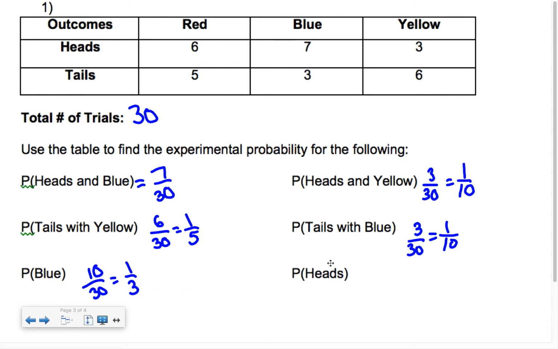Okay, probability of heads. We need to add up all of the heads. Whether it was heads with red, heads with blue, heads with yellow, we don't care. It's just that it was heads. So we add 6 with 7 and 3, and we get 16 out of 30, which we can simplify to 8/15. So it's not much different than our other experimental probability, but now we have two events going on.